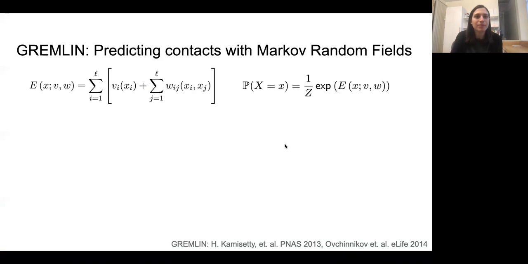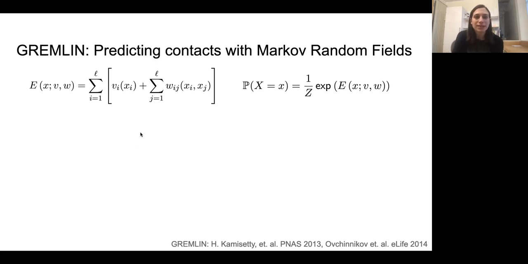Before I talk about the results, I'm going to be a little more specific about what I mean when I say we learn contacts in conjunction with alignments. We looked at a neural network version of Gremlin for Markov Random Field based contact prediction.